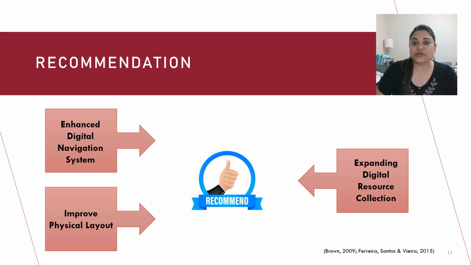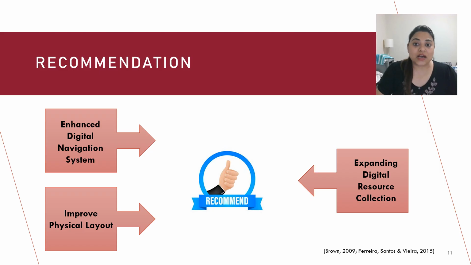Expanding the digital resource collection by building academic partnerships, like providing a wider range of materials that support diverse research needs and modernizes Western Sydney University Library's digital offerings. Improving the library's physical layout by creating accessible, collaborative spaces that foster effective study environments and align with the changing user behavior and preferences in libraries.